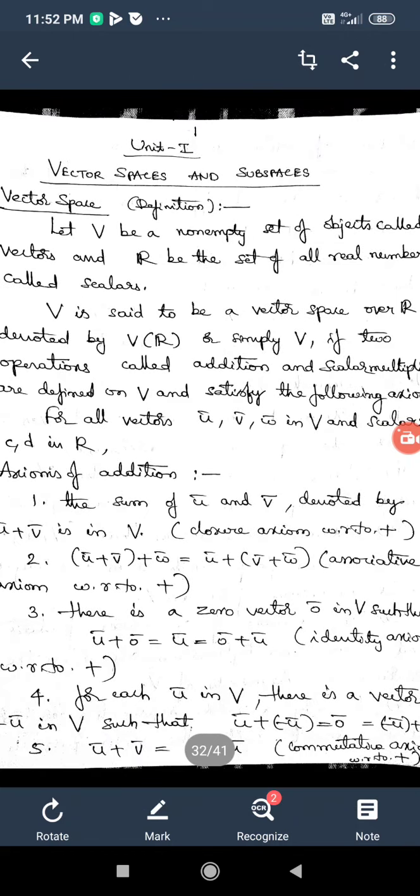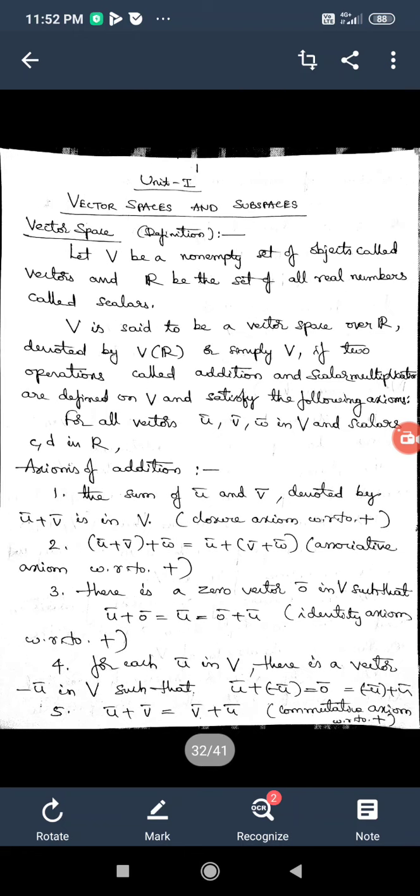And the second axiom says that u bar plus v bar plus w bar is equal to u bar plus v bar plus w bar, with the brackets grouped differently. This axiom is called the associative axiom with respect to addition.